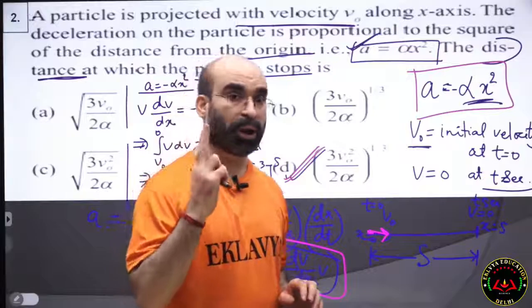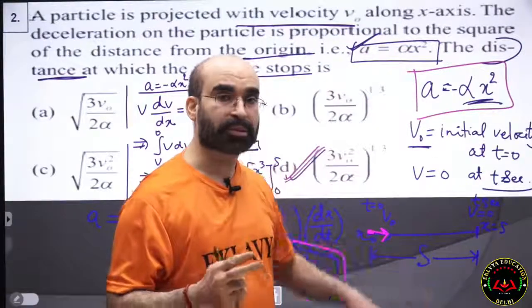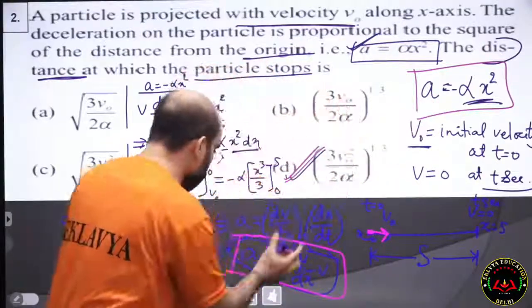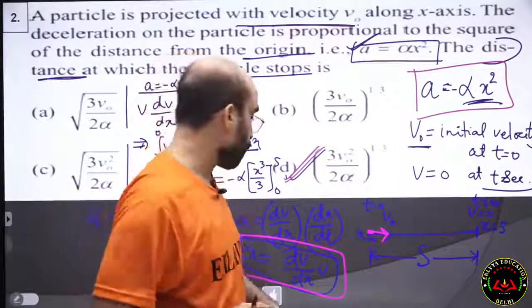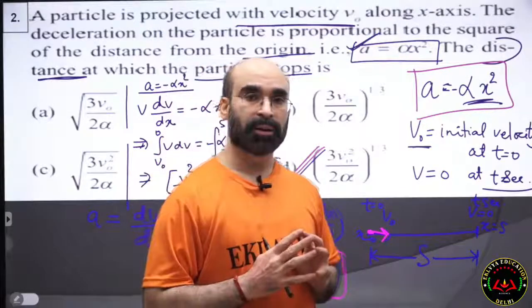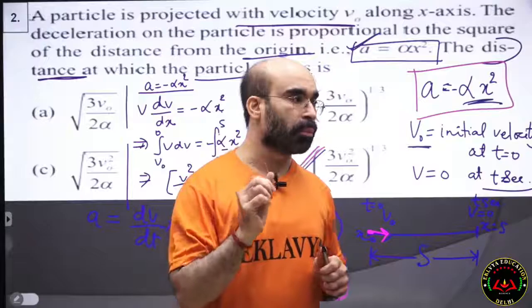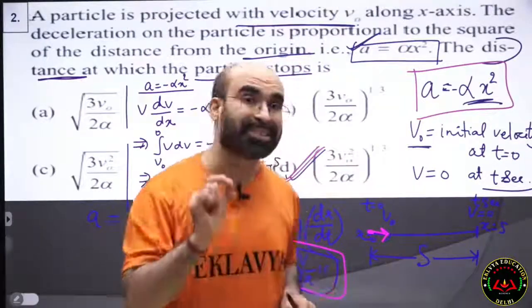Okay, two aspects. First is interpreting the question. Then what is given in the situation, that sort of expression you need to think about. Okay, this is the expression. Now what? Still we have no idea what tool is required.